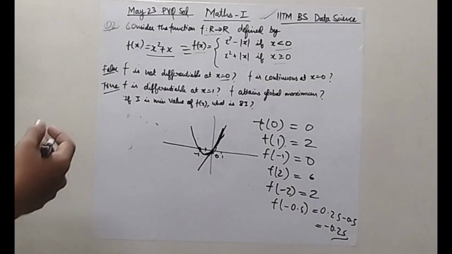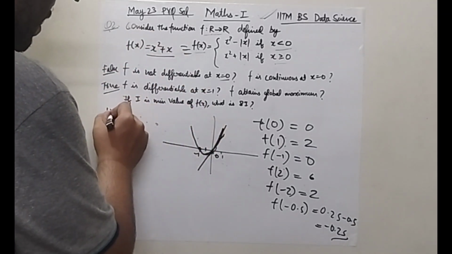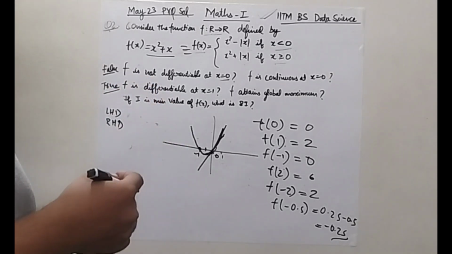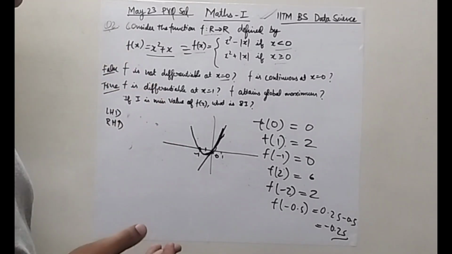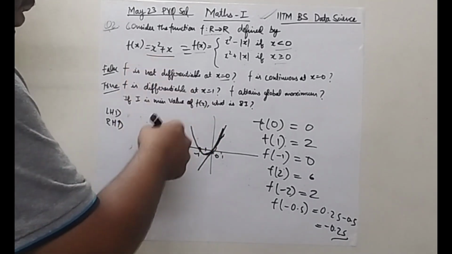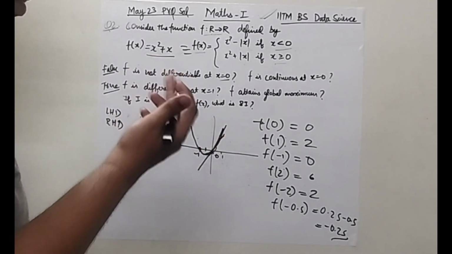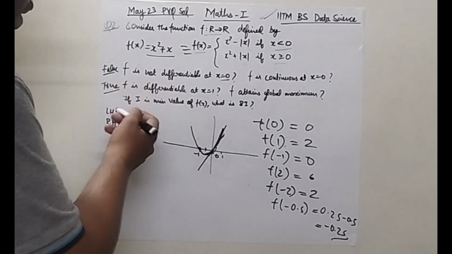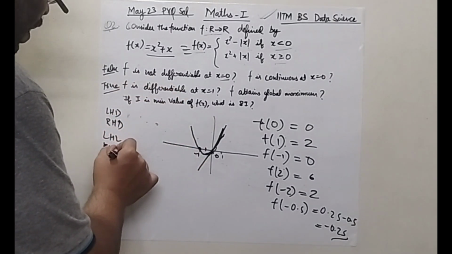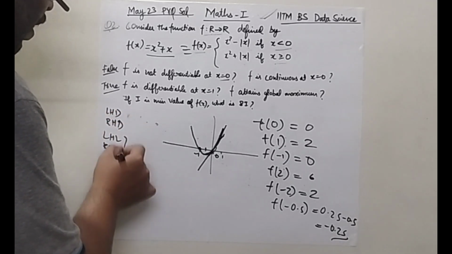If you want to prove this mathematically, you have to calculate the left hand derivative and right hand derivative, equate them, and see whether they are equal or not. But you can do it visually also. Similarly, to check the continuity of the function, you need to calculate the left hand limit, right hand limit, and the value of the function at that point, and see whether these are equal or not.